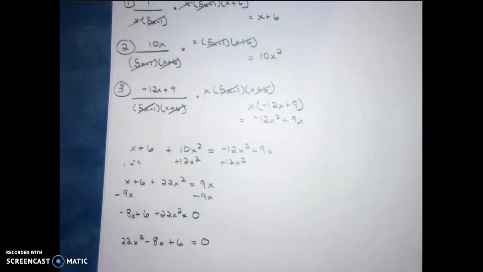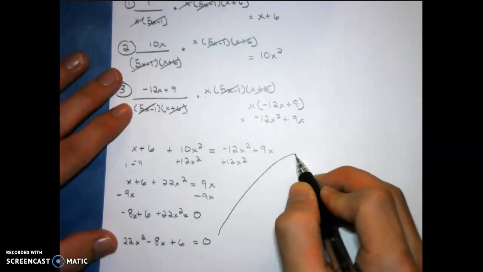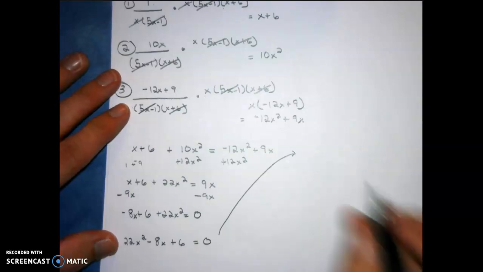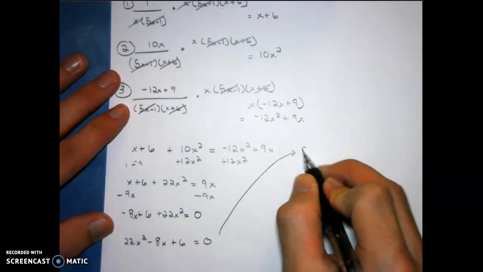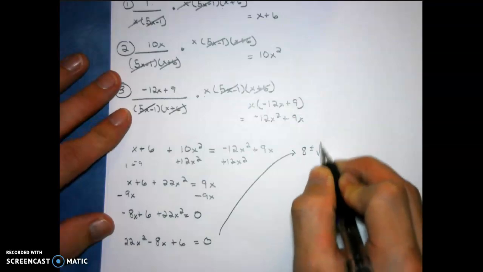Alright, now we'll go to solve this. 22x squared minus 8x plus 6 equals 0. It doesn't look like factoring by reasoning is going to work, but since this is a quadratic, I'm going to try the quadratic formula here.